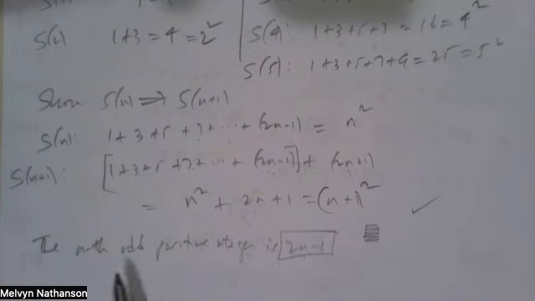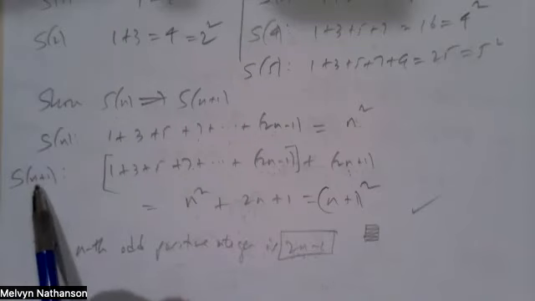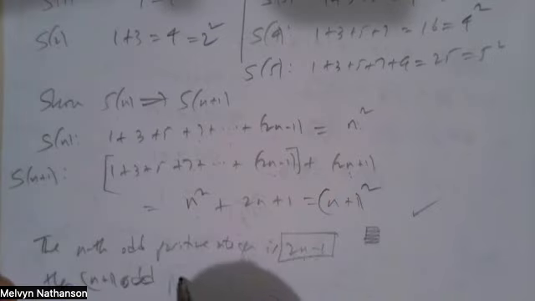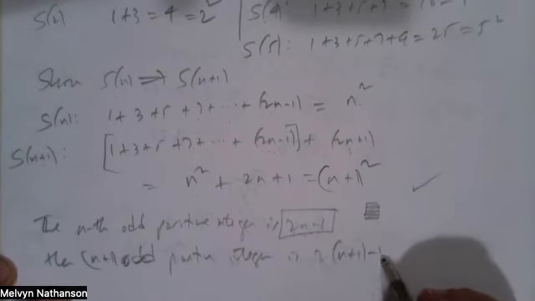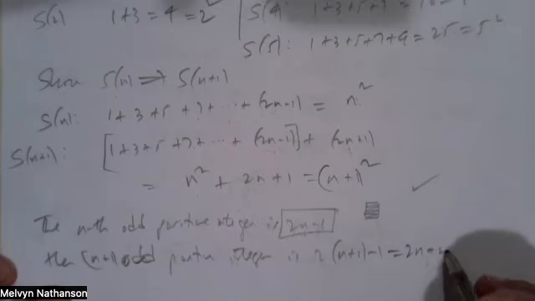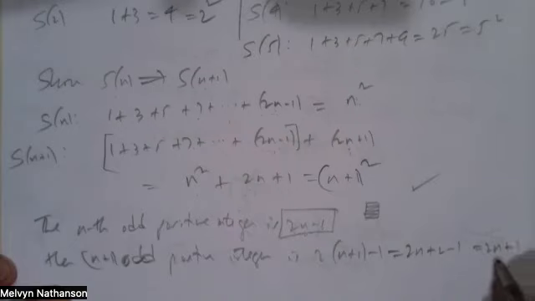This is the bottom. So for any n, the nth odd positive integer is the number 2n minus 1. So if I'm looking at the first n plus 1 positive integers, and this is the nth one, the n plus first odd positive integer is 2 times n plus 1 minus 1, which is 2n plus 2 minus 1, which is 2n plus 1.